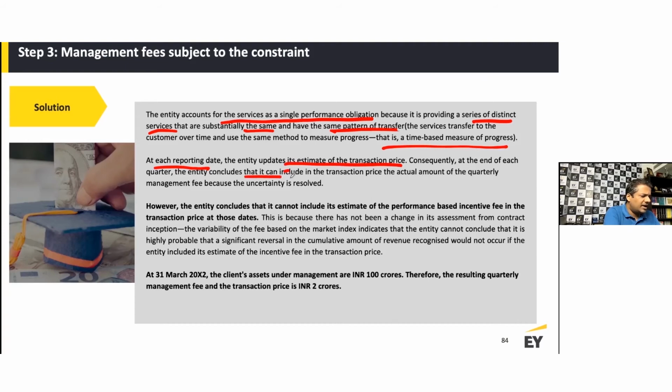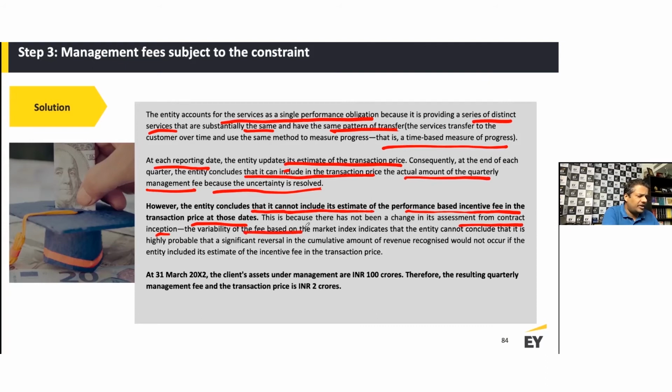The entity concludes that it can include in the transaction price the actual amount of the quarterly management fee because the uncertainty is resolved. On a quarter-on-quarter basis, the uncertainty is resolved. It also concludes that it cannot include an estimate of the performance-based incentive because there are significant external factors over which I have no control. There has not been a change in assessment from the contract inception.